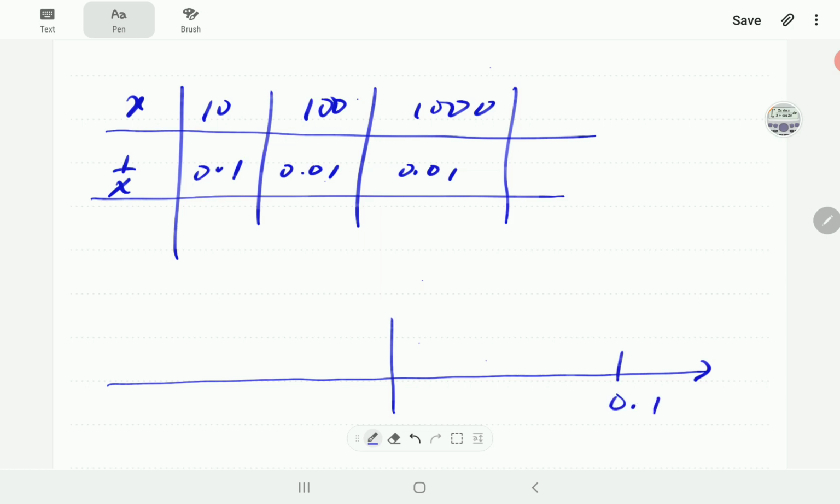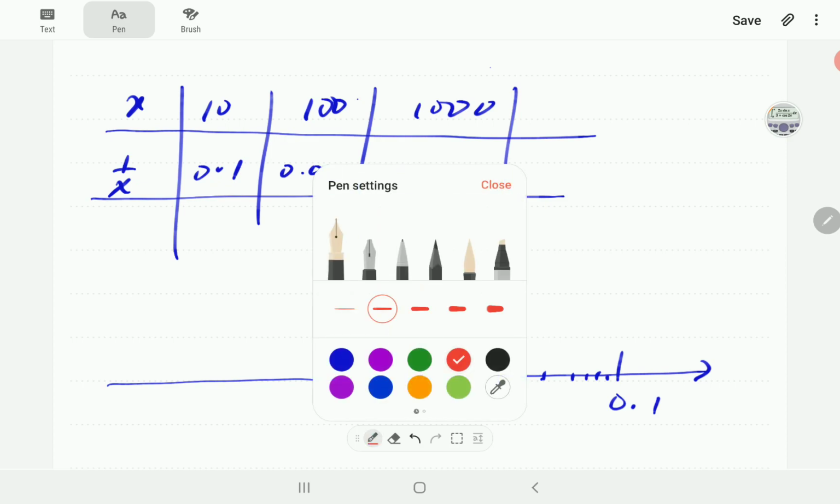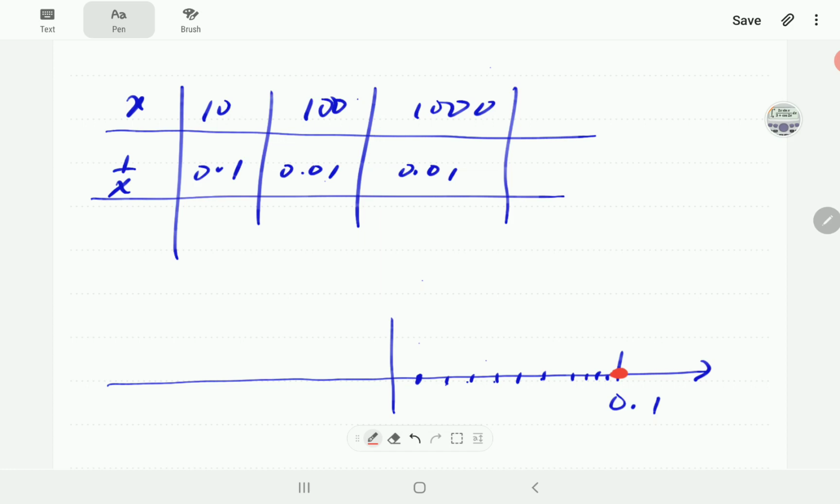If you divide this into 10 parts, then this is 0.01 there. So when x is 10, our y is here.